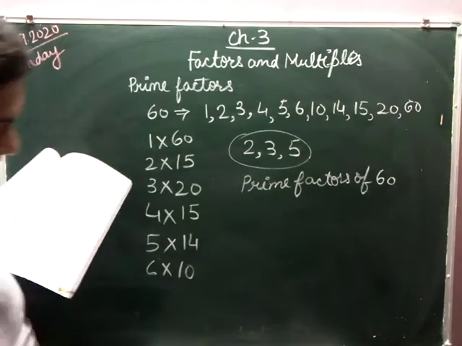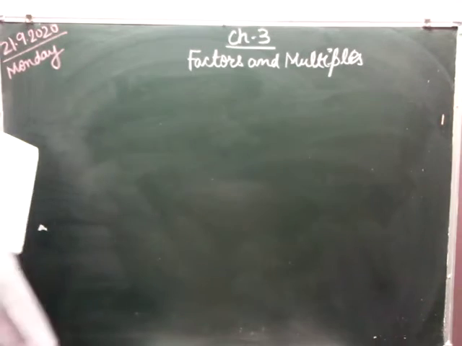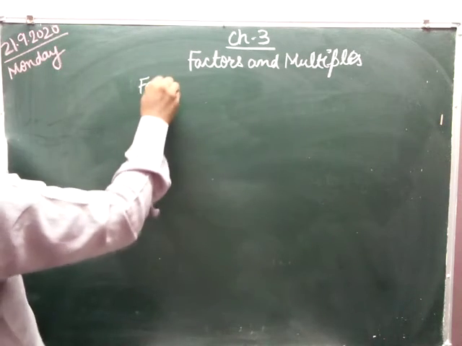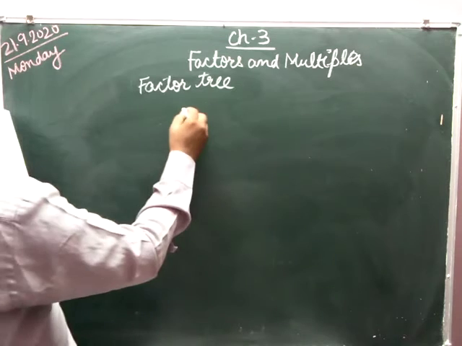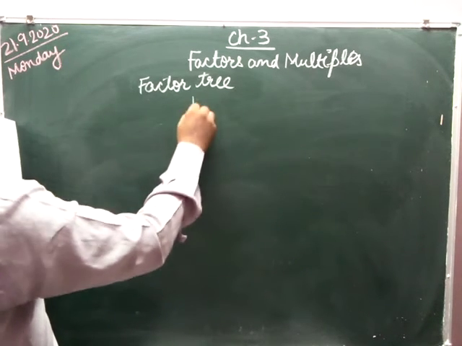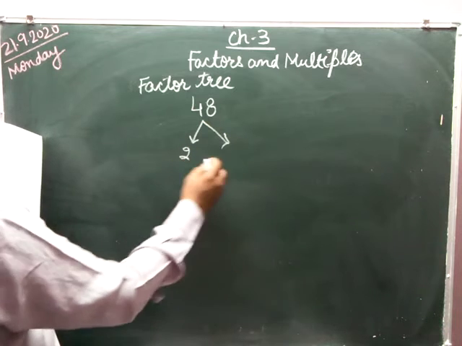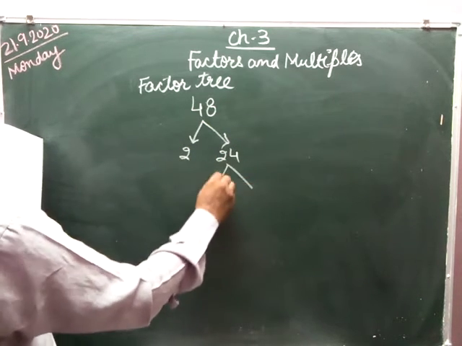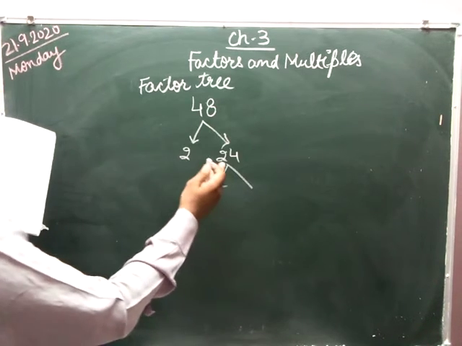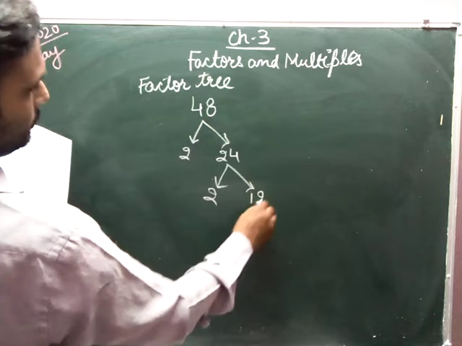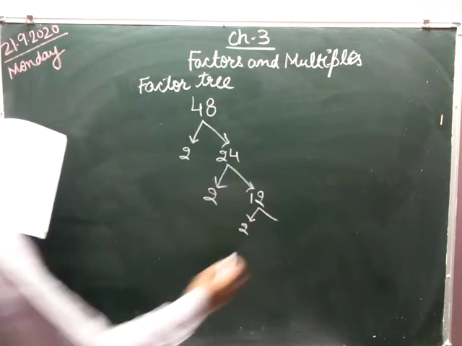Next is the factor tree. Suppose we have to find the prime factors of 48 through the factor tree. 48 is divisible by 2, the answer is 24. 24 is again divisible by 2, the answer is 12. 12 is divisible by 2, we got the answer 6.